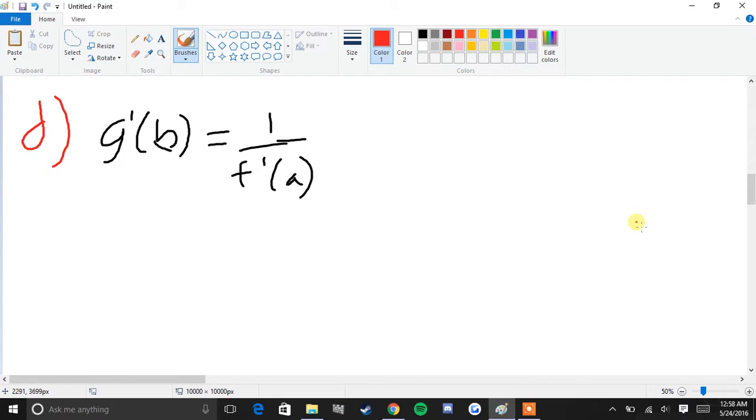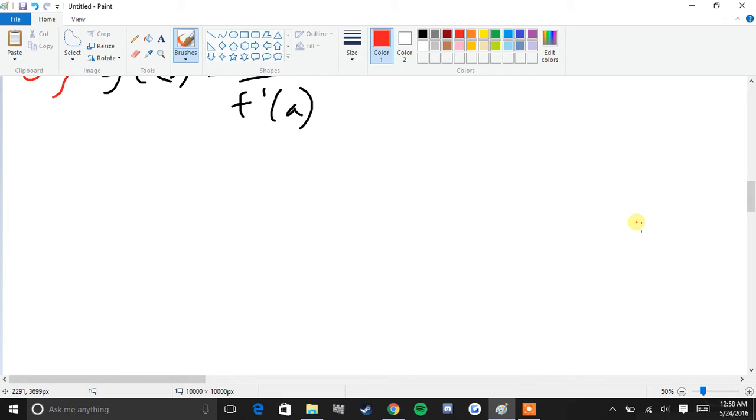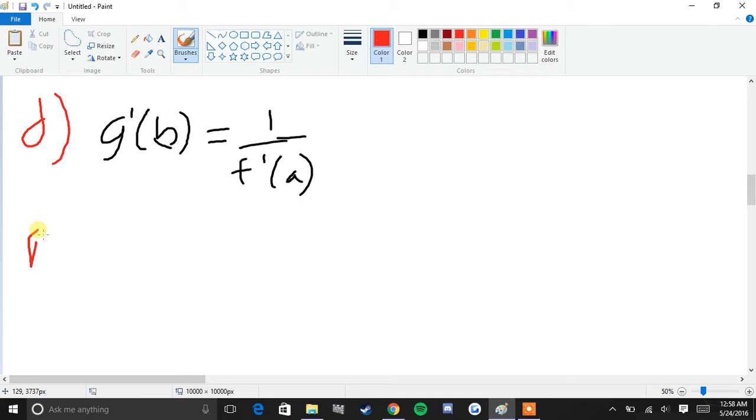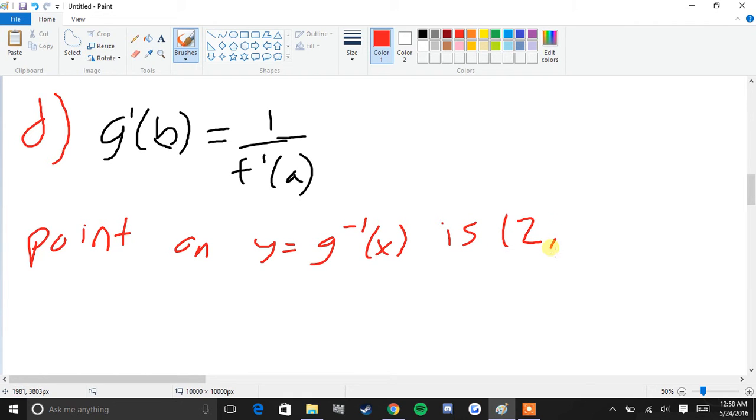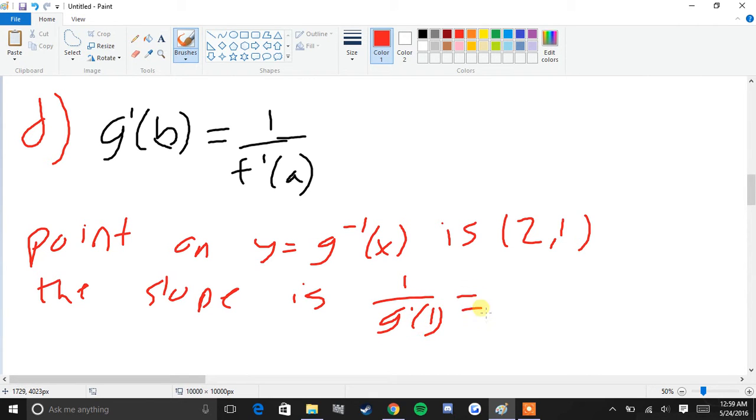So a point on y equals g inverse of x is (2, 1). The slope is 1 over g prime of 1.